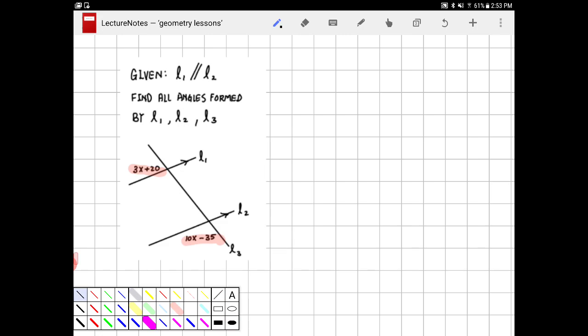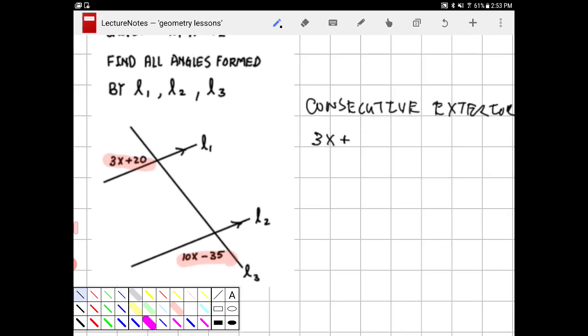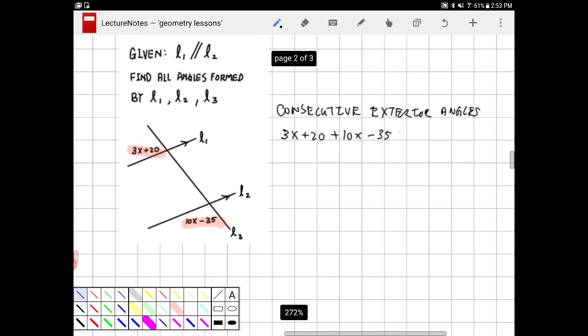What do we know about consecutive exterior angles? Consecutive exterior angles are, once again, supplementary. So we have 3x plus 20 plus 10x minus 35, I meant, and this is equal to 180.